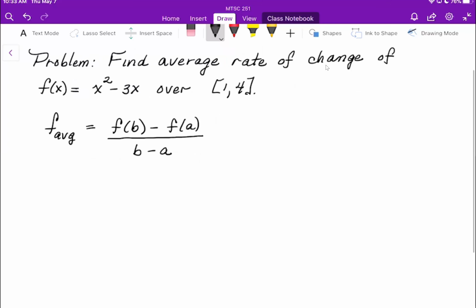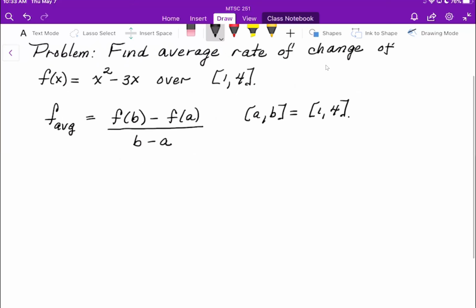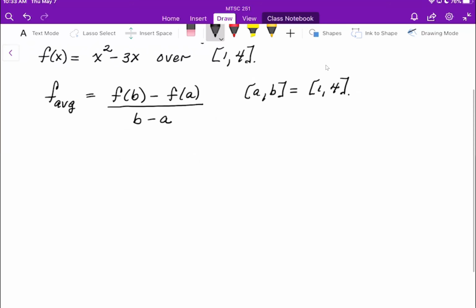So for us, our interval AB is the interval 1, 4. So for this particular problem, f average is f of 4 minus f of 1 all over 4 minus 1.